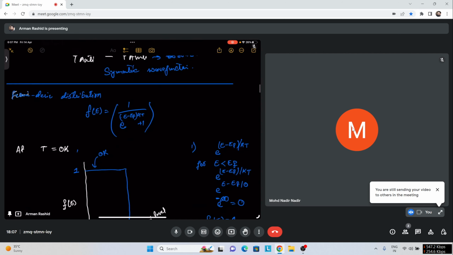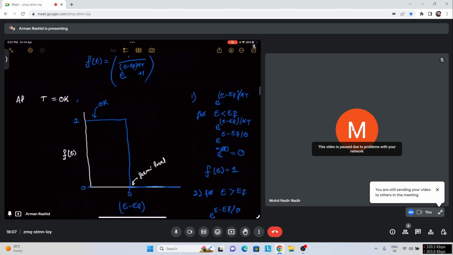Then I talked about the Fermi-Dirac distribution function that is applicable in the case of fermions. From the Fermi-Dirac distribution comes the concept of the Fermi level. At T equal to 0 Kelvin, the Fermi function is equal to 1 when the energy is less than the Fermi level.